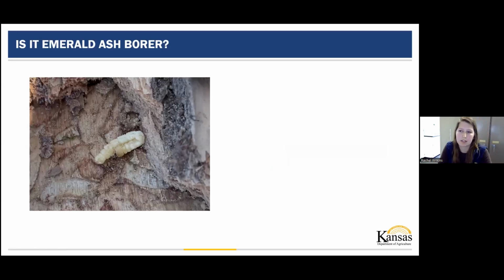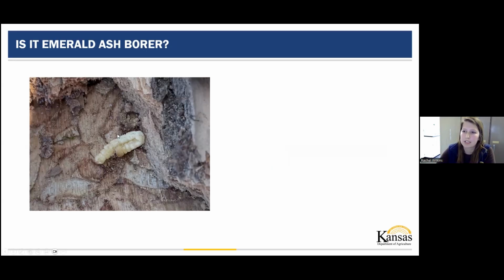So now that I've talked about what to look for in the field, some different signs and symptoms of emerald ash borer, I just want to go through a couple of examples of things you might see in the field and decide, is this emerald ash borer? The first one is a photo of a larva. It's a little tricky to look at. It's not as clean as some of those other photos, but is this emerald ash borer?